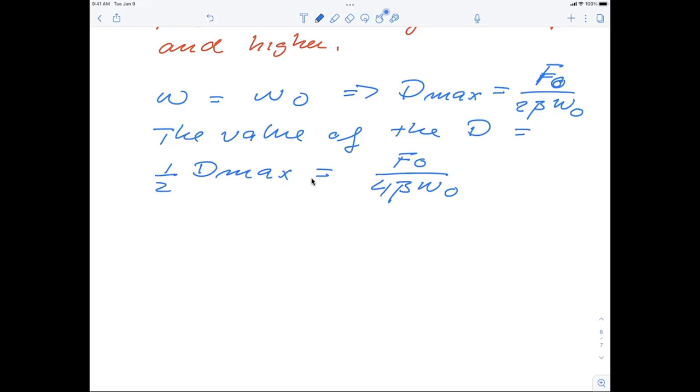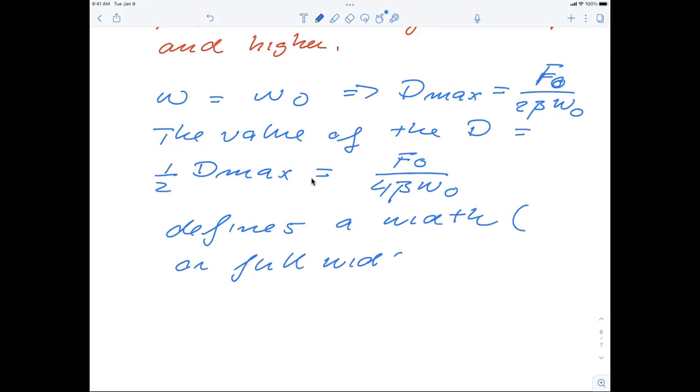This defines what we normally call a width, or what's normally called a full width at 1/2 maximum.